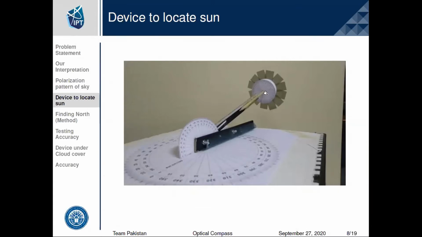This is how we locate a position in any certain patch in the sky. And then we have also added a protractor on this compass to note how much rotation we have to do in order to find the polarization.